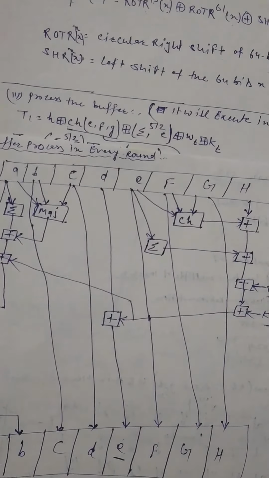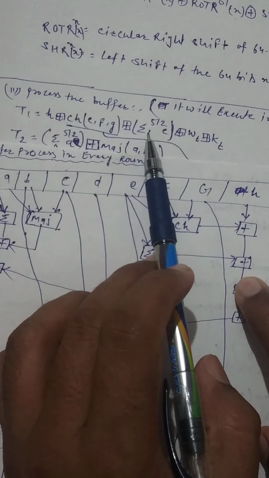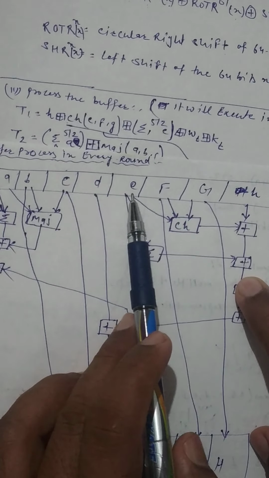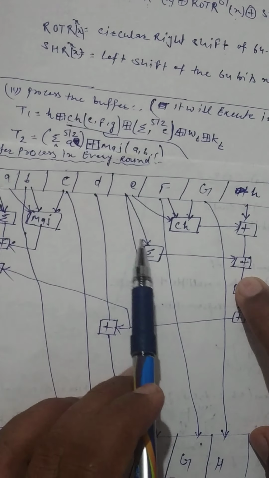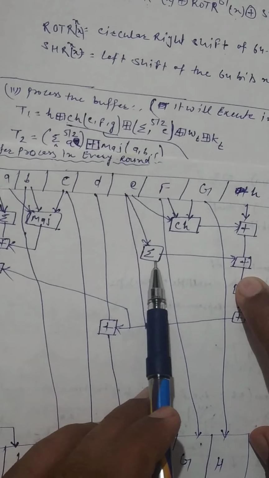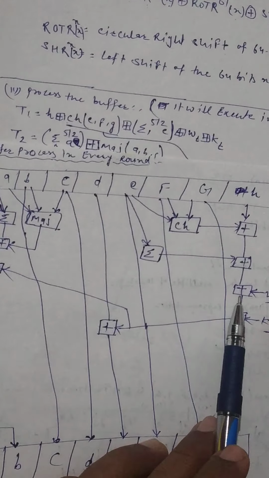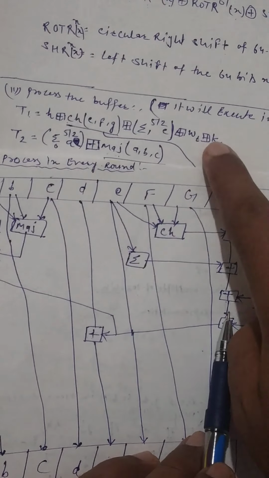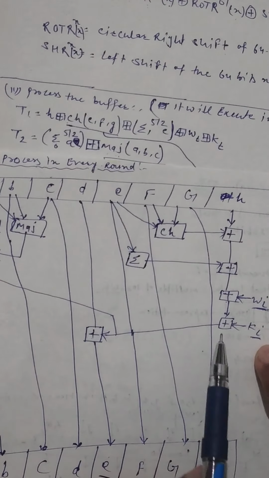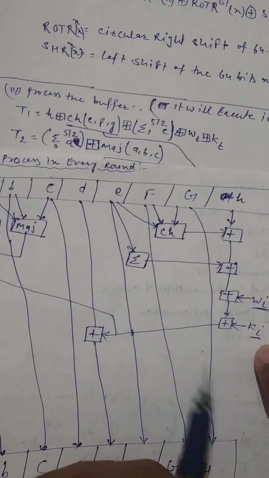Then next one is summation from 1 to 512 of E, the summation of E we are taking from here, and then we are applying summation here, and then WT you can see we apply here, then KT we are applying here. So now this is our T1.